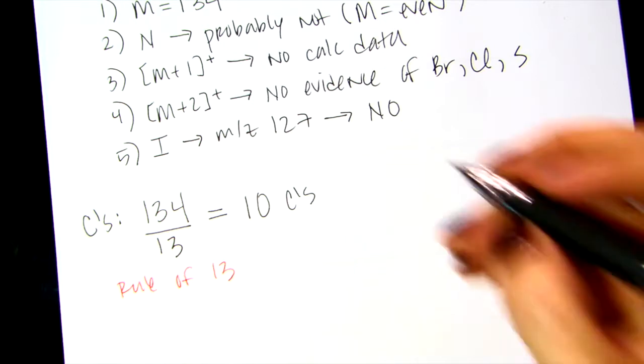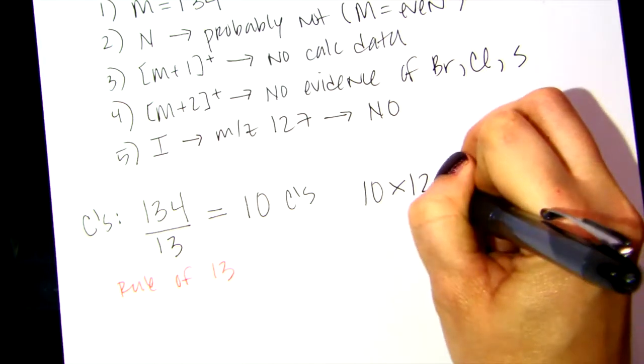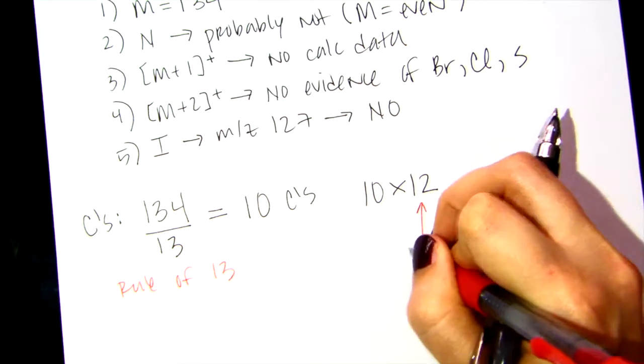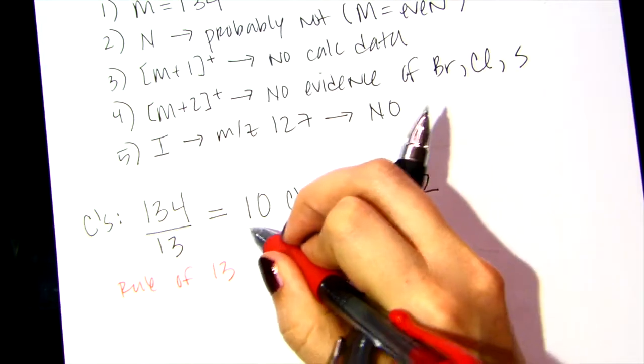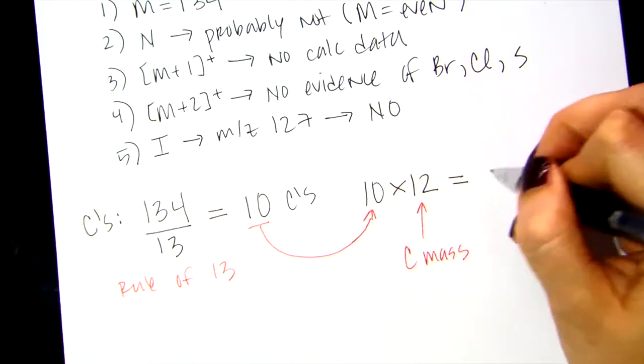So if we have 10 carbons, so 10 times 12, this is the mass of carbon, and this is the number of carbons. So we would expect that to give us a mass of 120.